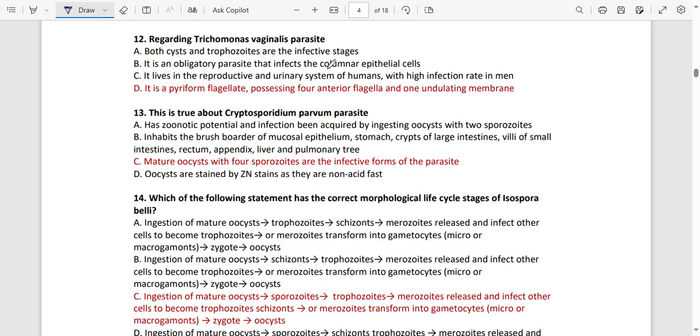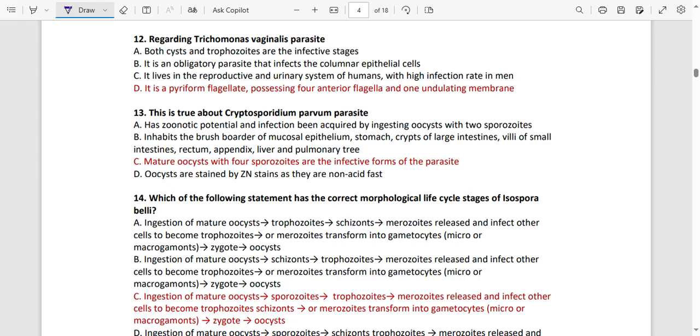The squamous cells, thank you. And it lives in the reproductive and urinary tract of humans with high infection rate in males. What is wrong about this statement? Yes, the infection rate is high in females, not in males.